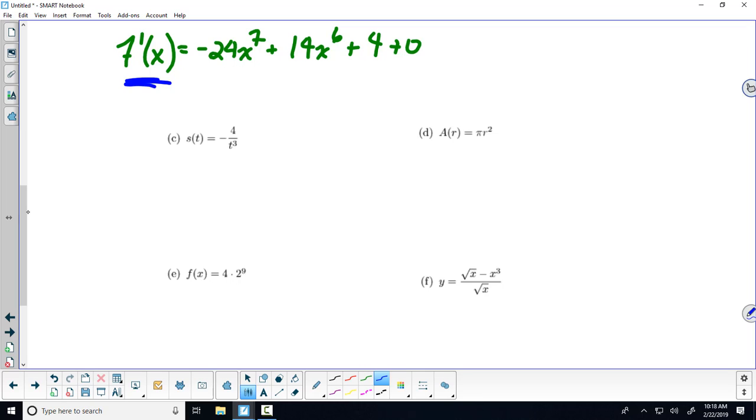So if you see a hard problem and you haven't learned a rule that will help you with that hard problem, my guess is you're going to have to rearrange the original problem first into a rule that you already know. Freddie says, hey, I've learned this power rule. I've got it. Let's see if I can apply the power rule. Well, the power rule doesn't apply here because I've got something divided by a power function. And we haven't learned how to do that yet.